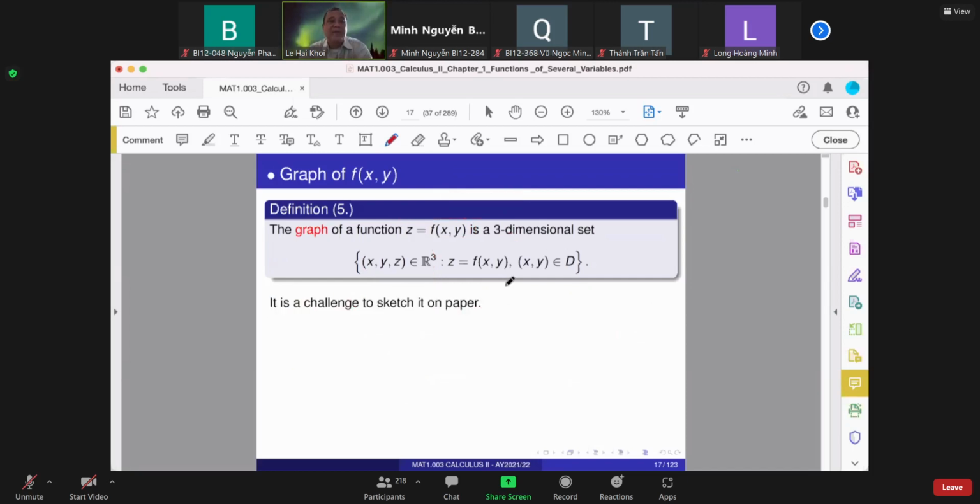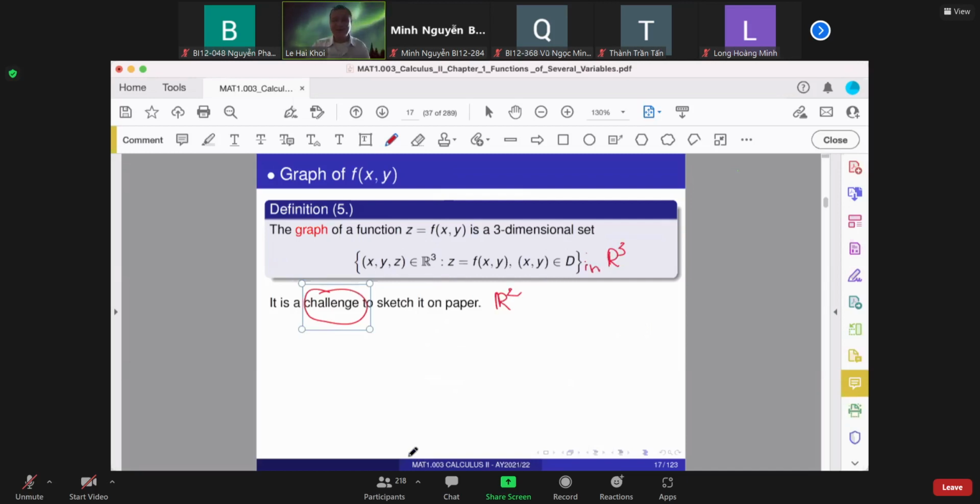Okay. And it's very challenging to sketch on paper because our paper is R2. This is in R3. And how to sketch it?